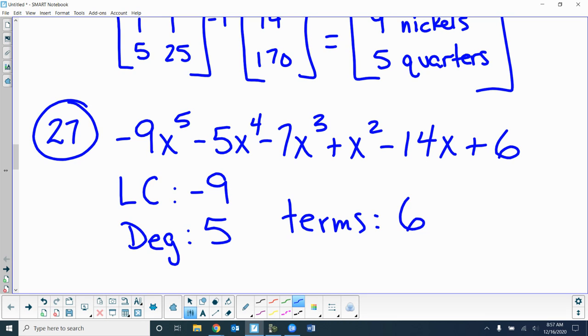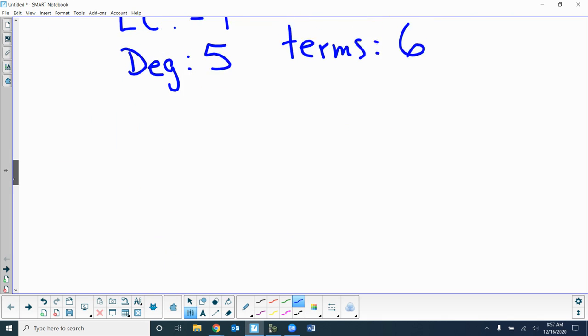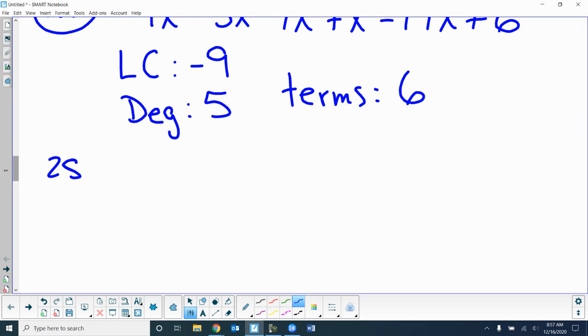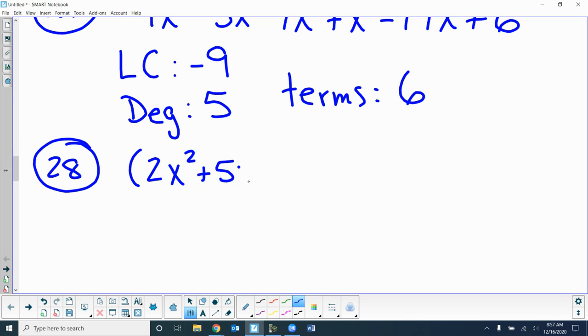28. It's subtraction. It says add or subtract, but there's a subtraction sign between them, right? So we got this trinomial minus this trinomial.